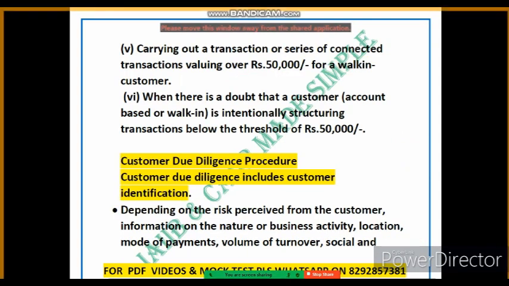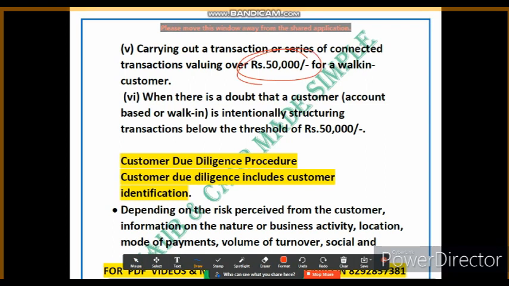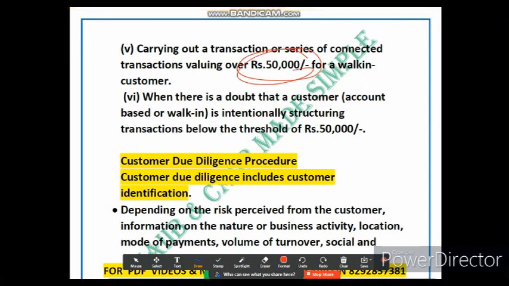Let's continue our discussion on CIP. So friends, the CDD, that is the customer due diligence procedure, requires banks and regulated entities to conduct thorough checks and verification when a walk-in customer conducts a transaction or series of connected transactions with cumulative value exceeding how much? 50,000. So if the cumulative value exceeds 50,000, the CDD requires banks and regulated entities to conduct thorough checking.